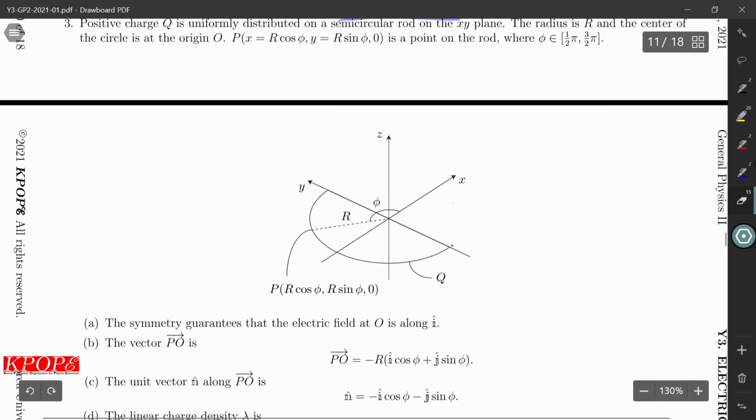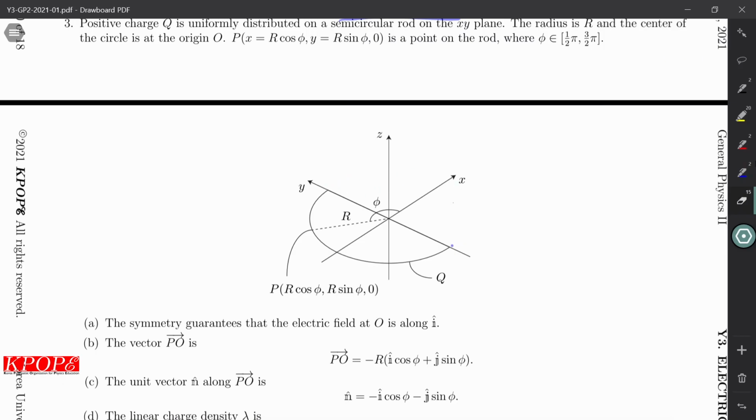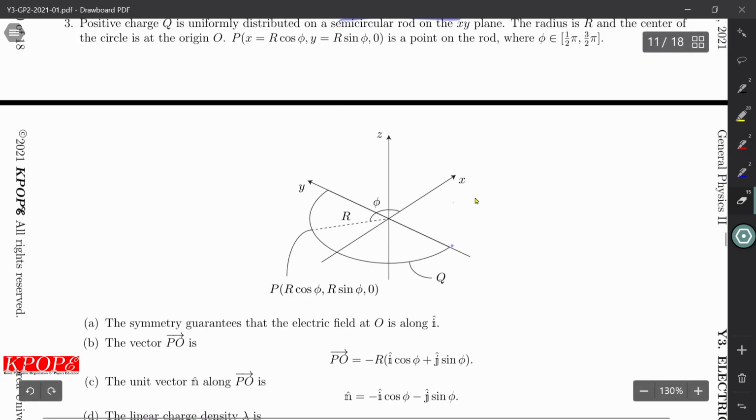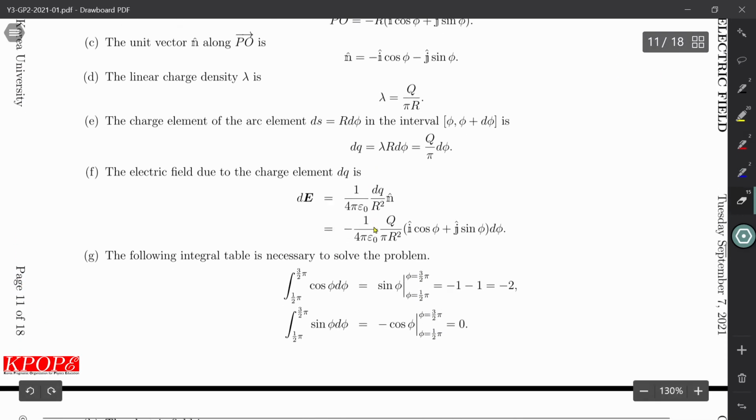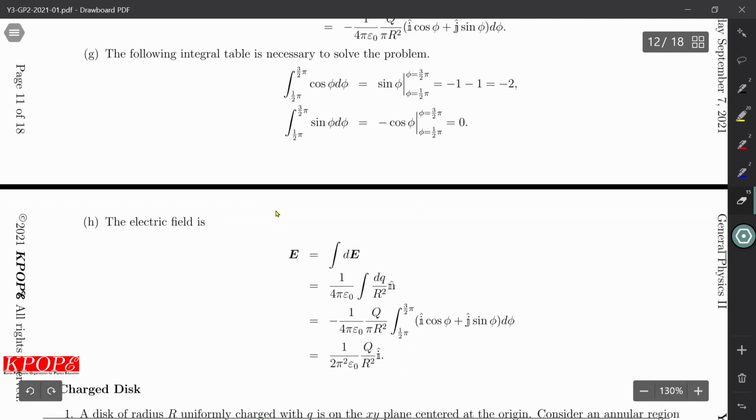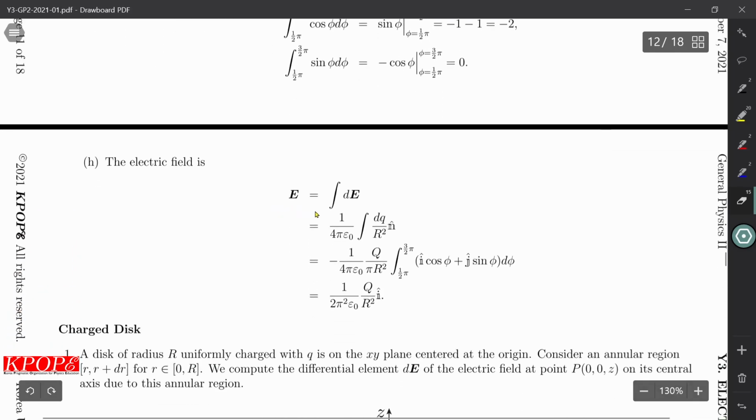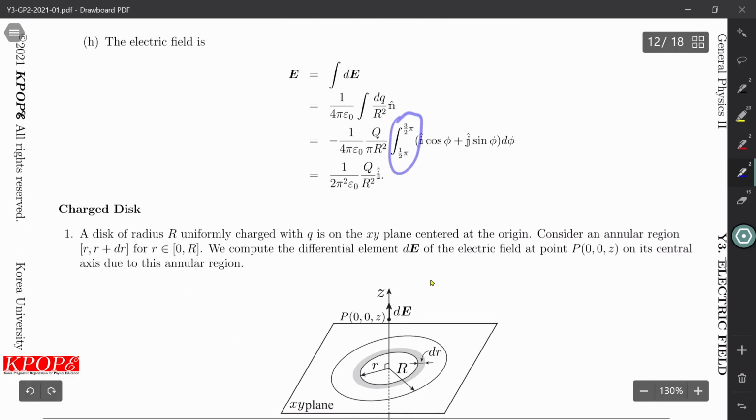So this contribution is only half of the previous case, and what we do is the same job, except that we have the angular integral restricted to not 2 pi, but just pi.